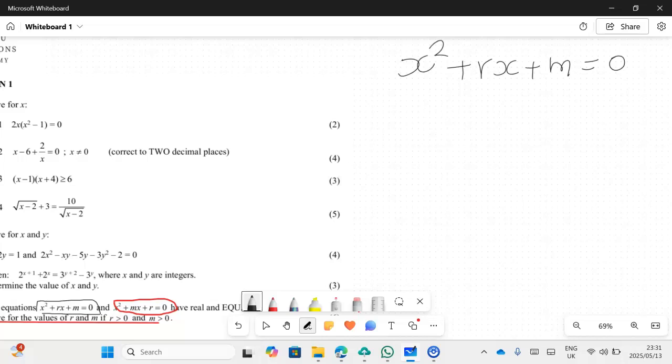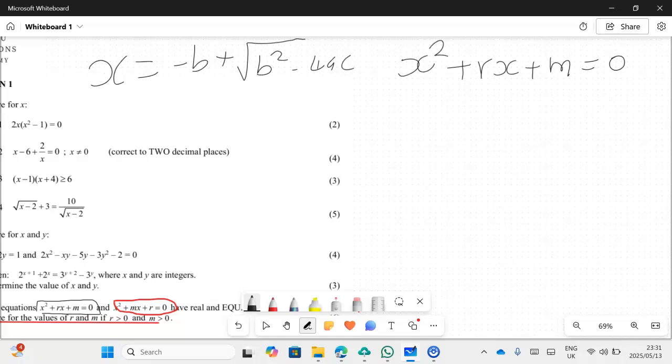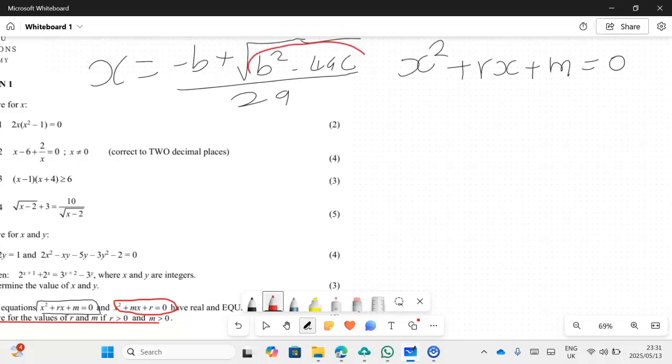We know that when we look at a quadratic equation, you'll have x equals negative b plus minus the square root of b squared minus 4ac, over 2a. So the discriminant is this part, the value under the square root. Our discriminant is b squared minus 4ac.